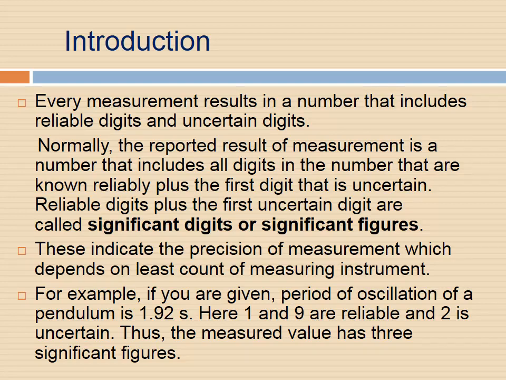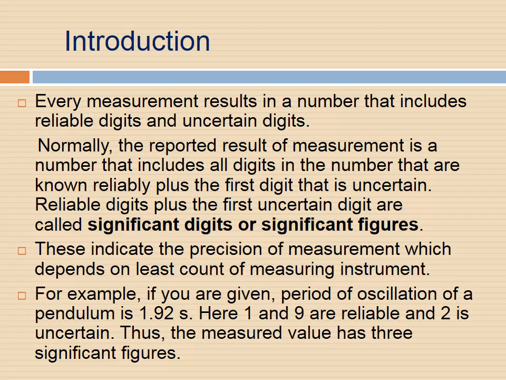You know that it is impracticable to make an absolute or ideal measurement because every measurement involves error. It is also important that once a result is reported, it should show the precision of its measurement.